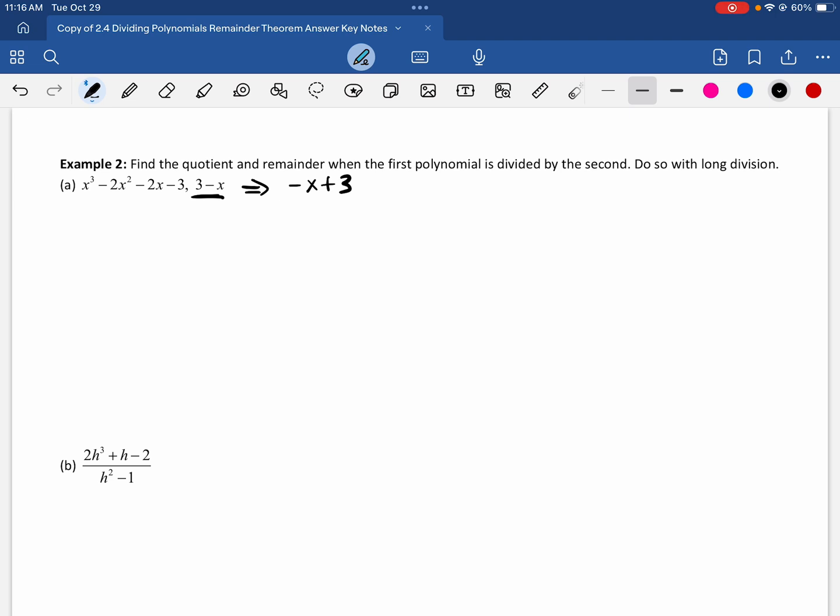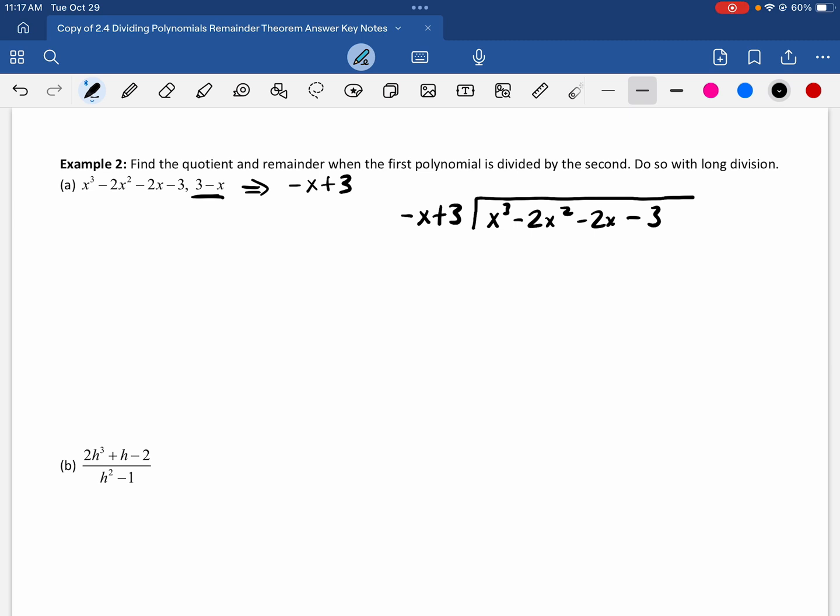All right, to set up our long division problem, we're going to put what we're dividing by first, so that's -x plus 3. Then our division bar, like back from when you were younger. And then underneath it, we'll put our numerator. And this time the difference is we do include those x's within our problem.